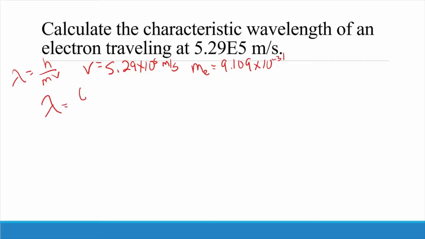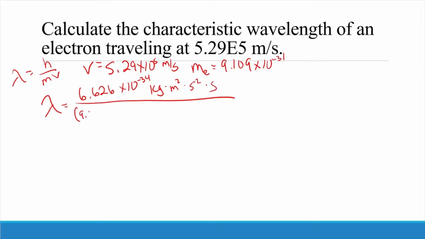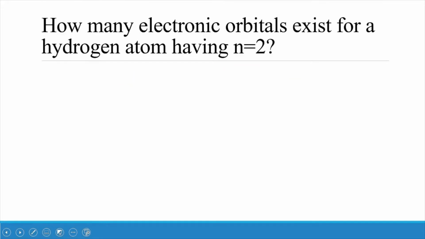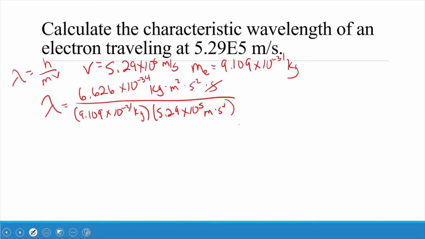So lambda is equal to 6.626 times 10 to the negative 34th kilograms times meter squared times inverse second squared times seconds, divided by 9.109 times 10 to the negative 31st kilograms times 5.29 times 10 to the 5th meters per second.